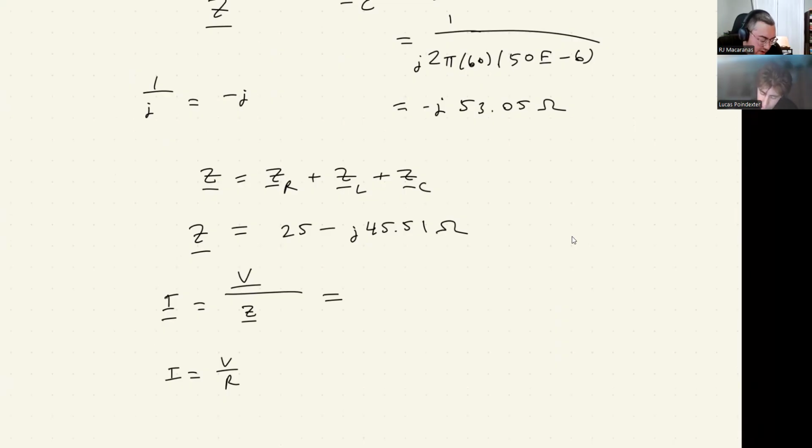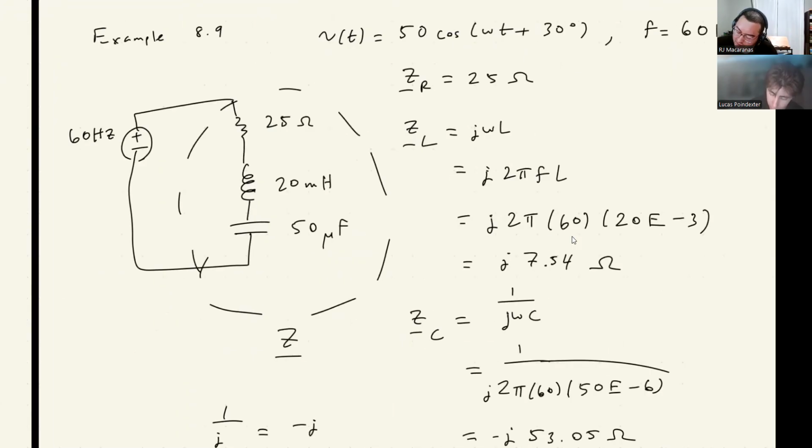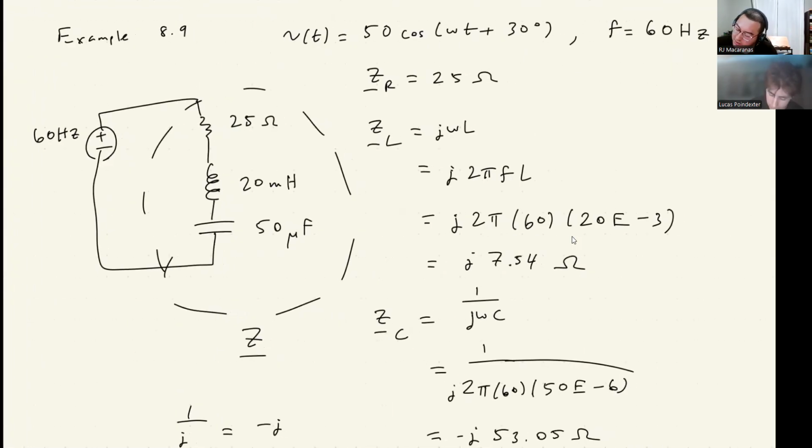I'm trying to figure out where they got this 30 degrees from. Oh, I missed that part of the question. They defined the voltage to be 50 cosine of omega t plus 30 degrees, and then they defined the frequency to be 60 hertz. So I completely glossed over that part of it.